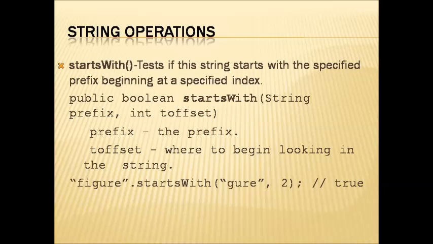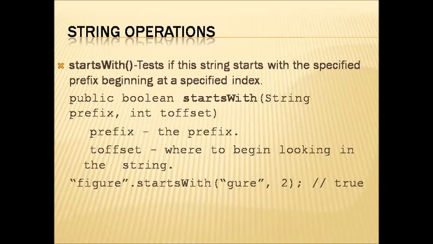Here you can see another variation of the startsWith function. The variation is that here we can mention a specified index position so that the checking can be started from the given index position. In the example, figure is the string. We are checking that figure starts with gure, in which the index position is mentioned as 2.